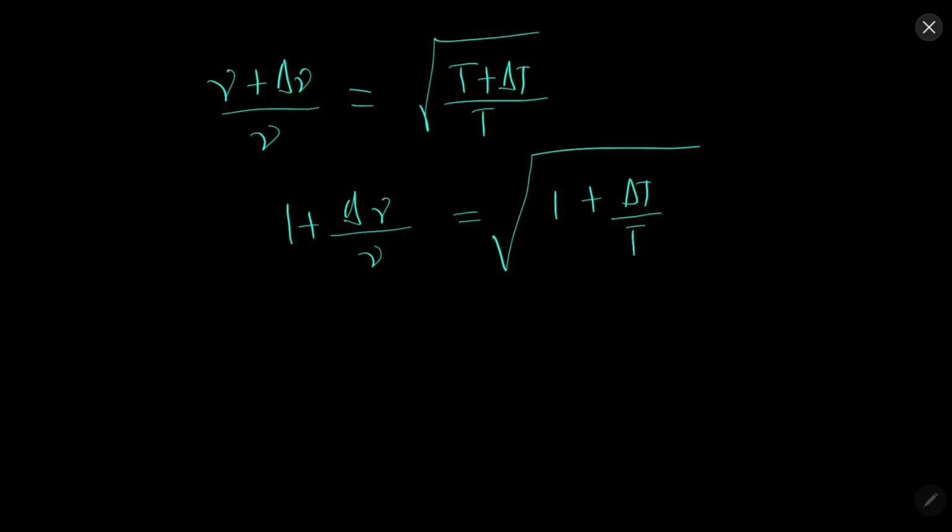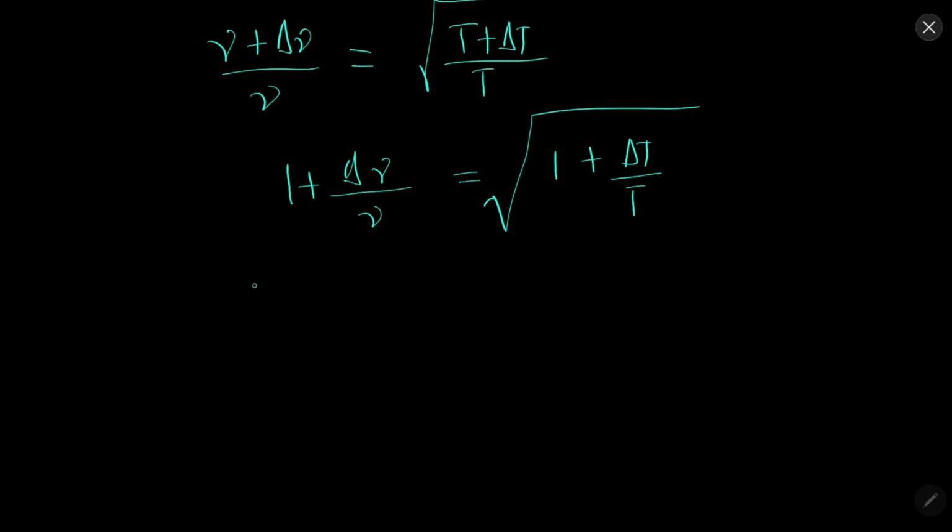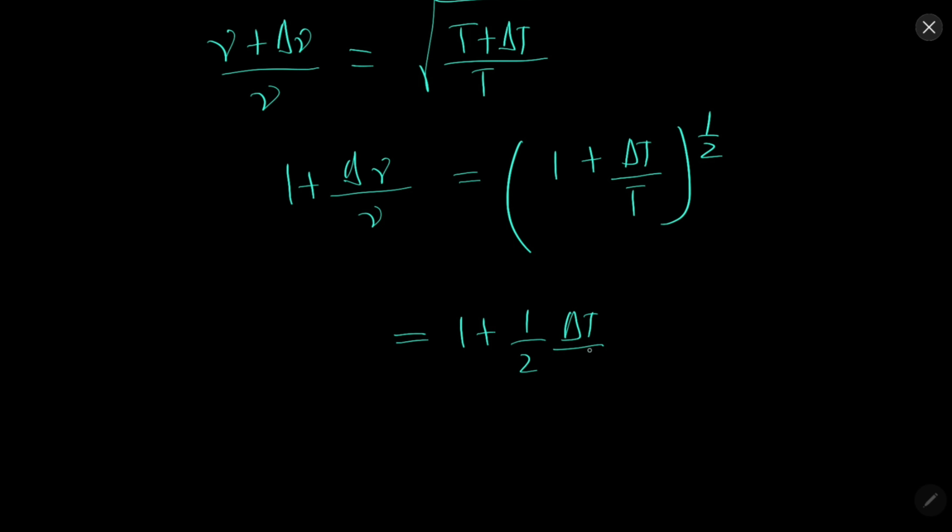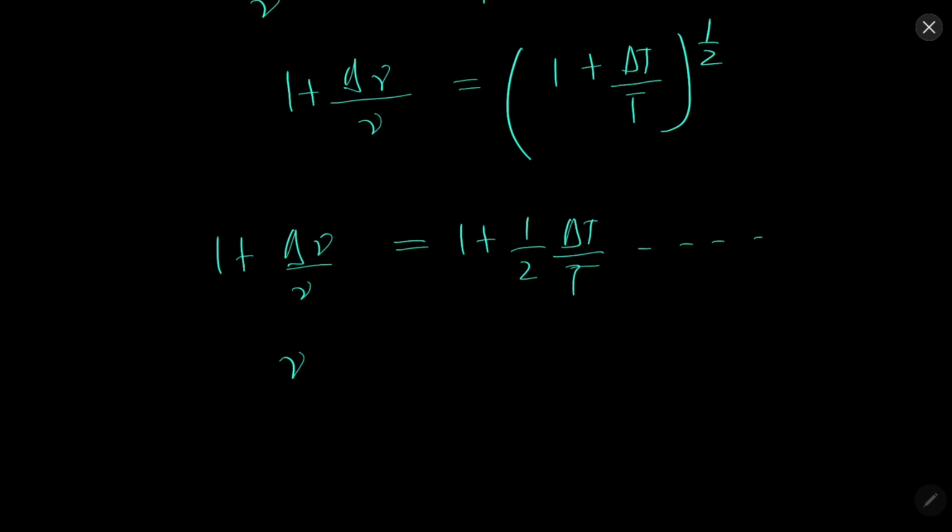Let the square root be there, so we will simplify this. This is 1 by 2. So by using the small powers, we will only take up to half powers and we will neglect the other terms. So 1 plus... by this you can find that del nu over nu, 1 and 1 will get cancelled, half del T over T will be there.